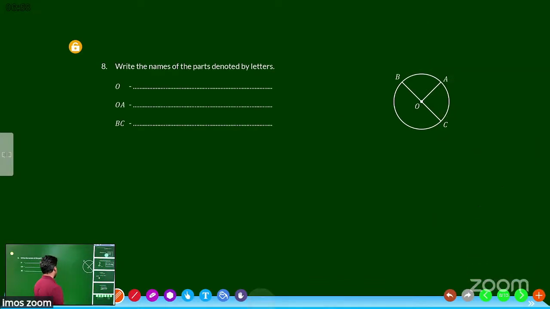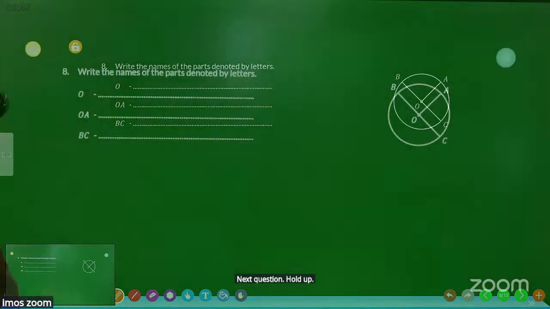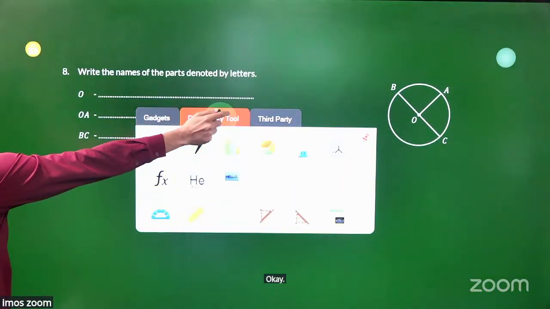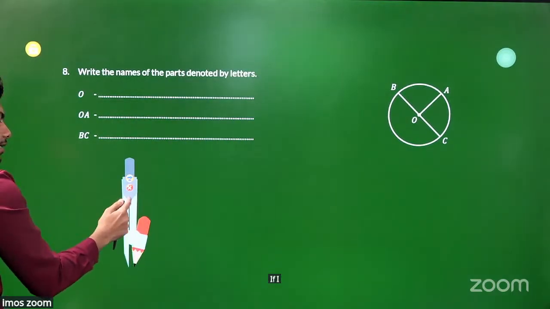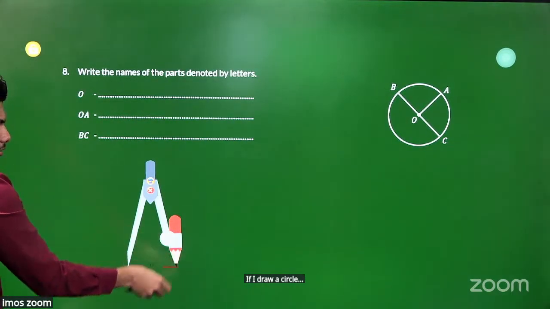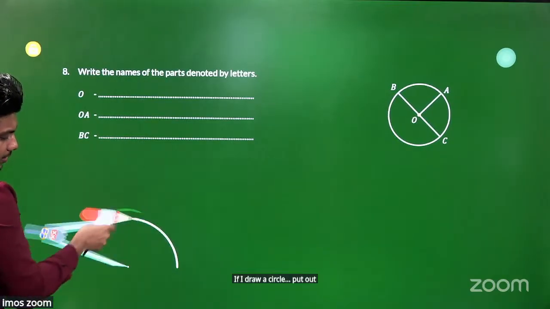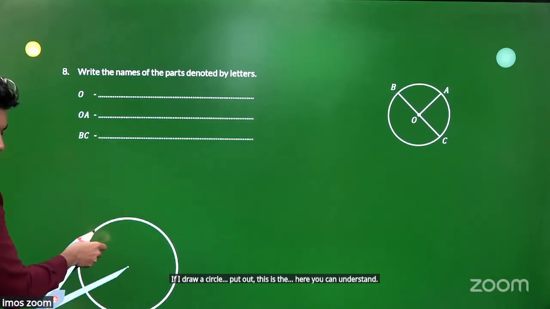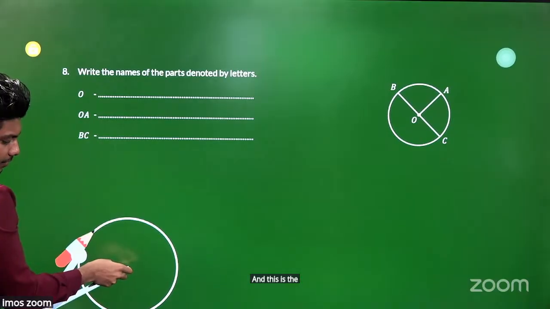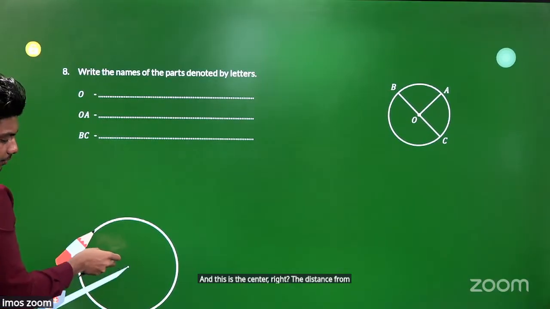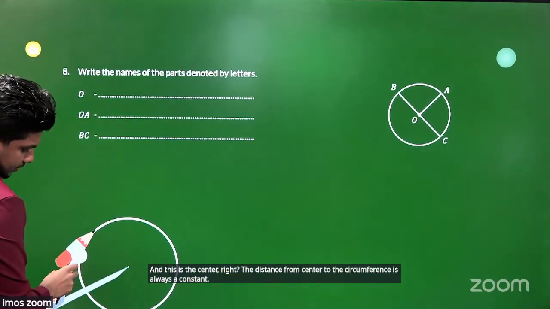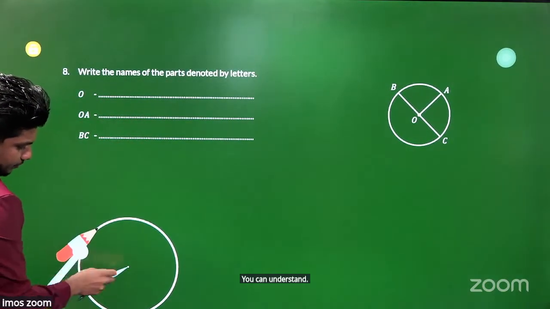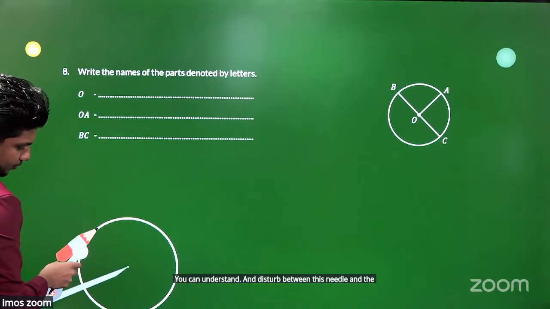Next question. If I draw a circle, this is the center, right? The distance from center to the circumference is always a constant. You can understand, the distance between this needle and the pencil is always constant.